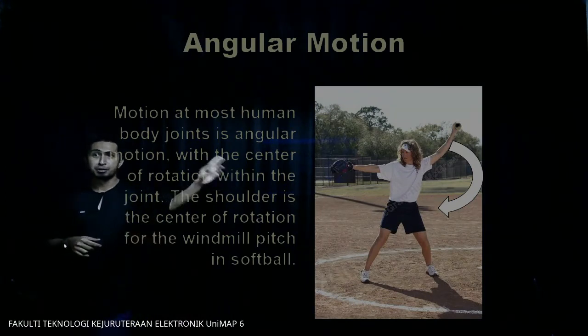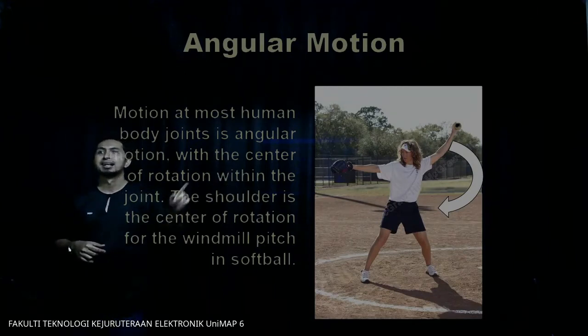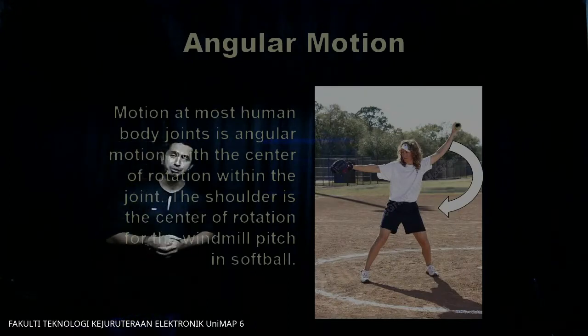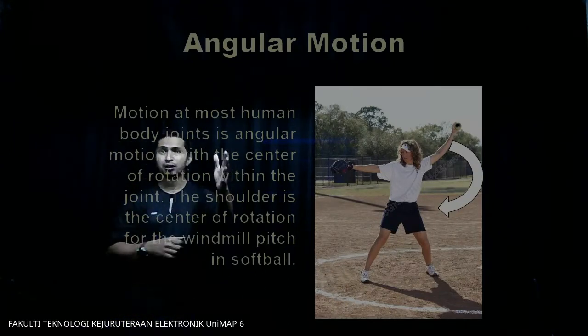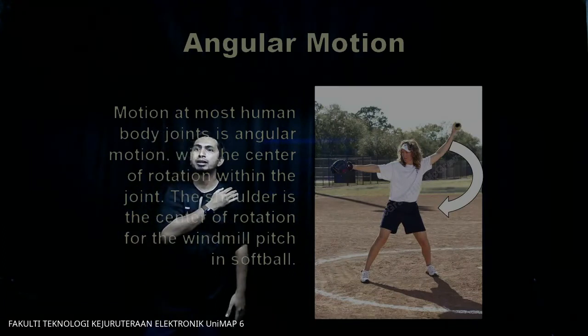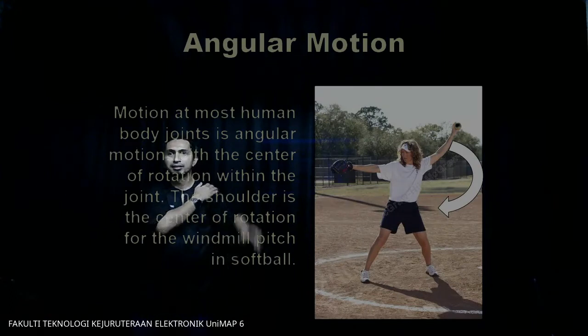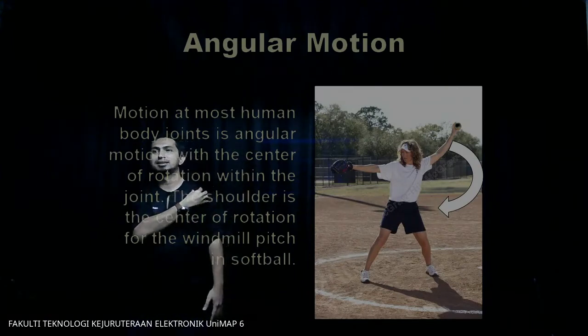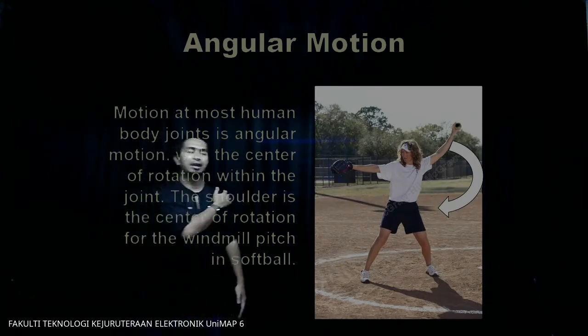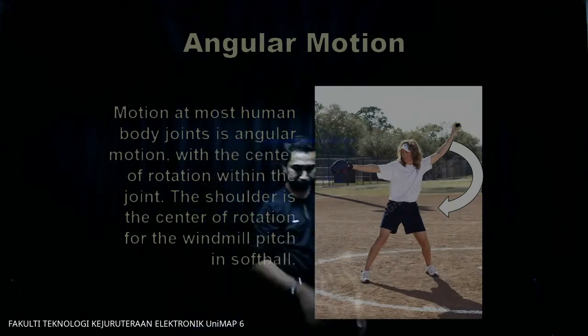From this figure you can see that the shoulder is the center of rotation for the windmill pitch in softball. When we throw the ball, our hand rotates around this axis. That is angular motion.